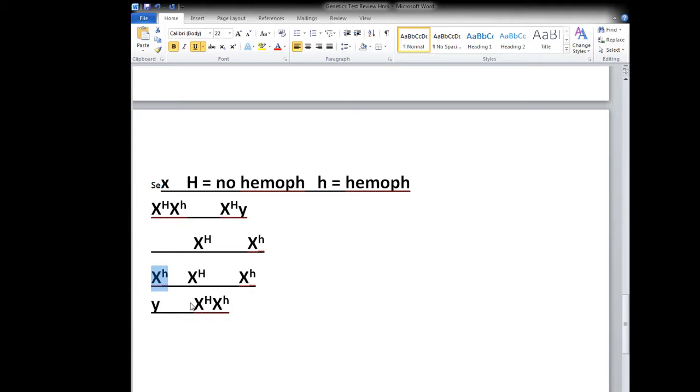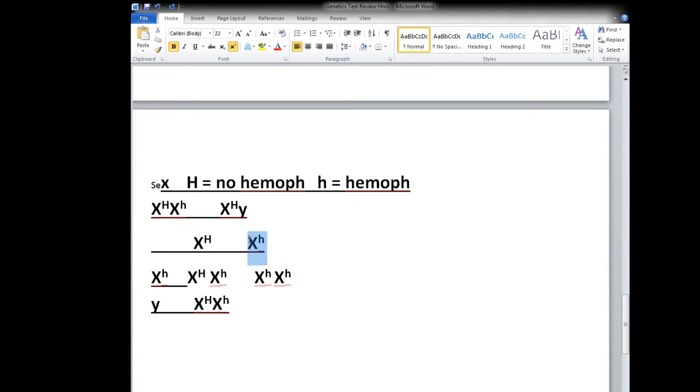This X little h is gonna come right here. Then this X little h is going to come over here, and so is this X little h.